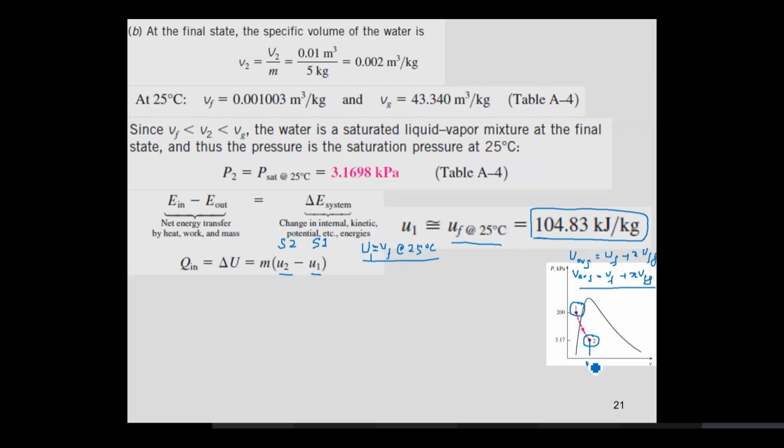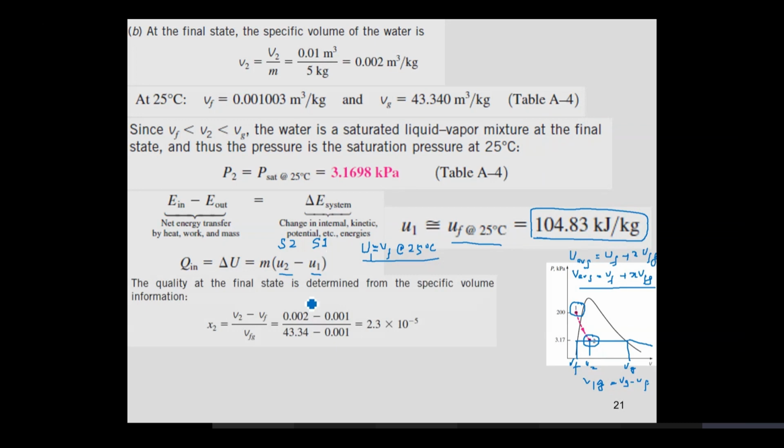So V2 is known to me. Vf I can find out from the table. Similarly, Vg I can find from the table, and Vfg would be the difference of Vg minus Vf at 25 degrees centigrade. So the quality X can be determined from V2, which is V average, Vf at 25 degrees centigrade, and Vfg at 25 degrees centigrade, giving me the value of X2.